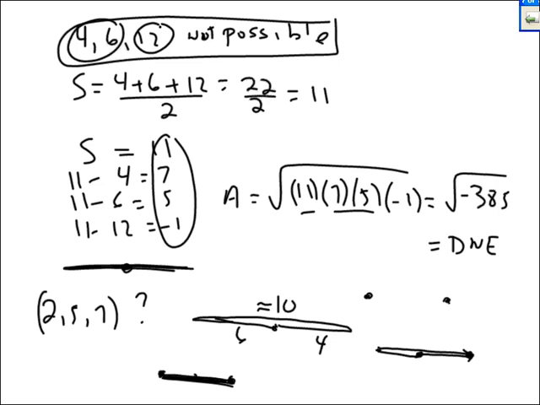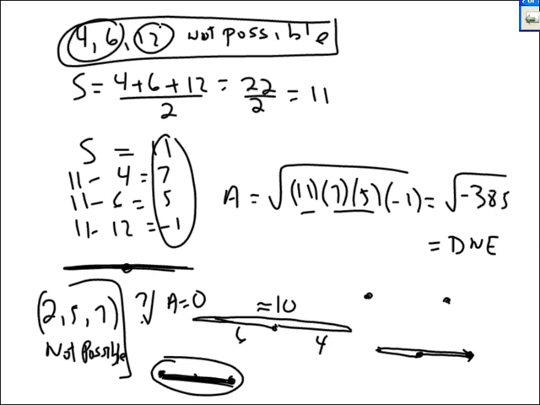Now, if you want to call that a triangle, then yes, it's a triangle. The area is 0. If you want to say that's absurd, then you say it's not possible. And just ask your teacher whether he or she will allow the triangle that's collapsed, that is, whose area is literally 0.